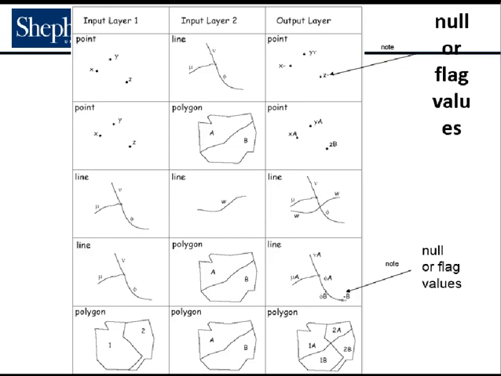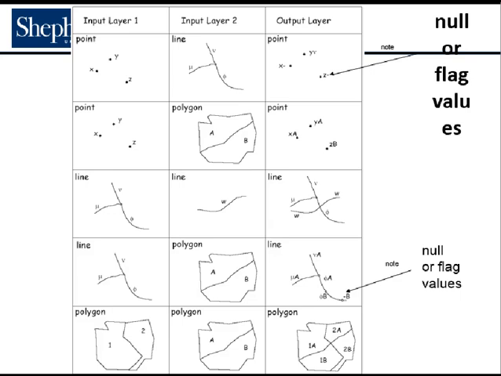This slide illustrates the most common types of vector overlay. Each row in the figure represents an overlay operation with point, line, or polygon input along with the associated output layer. The input data layers are arranged in the left and middle columns, and the output data layer is in the right-hand column. Note that some points in the input do not fall within any polygon or along any line.